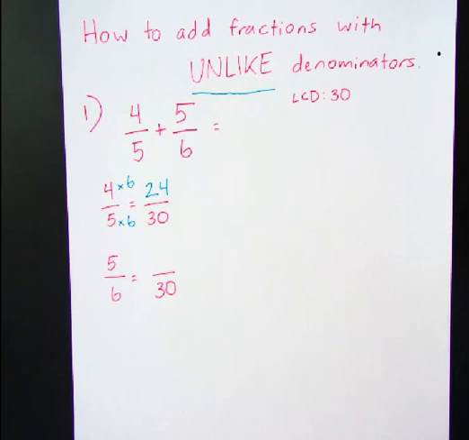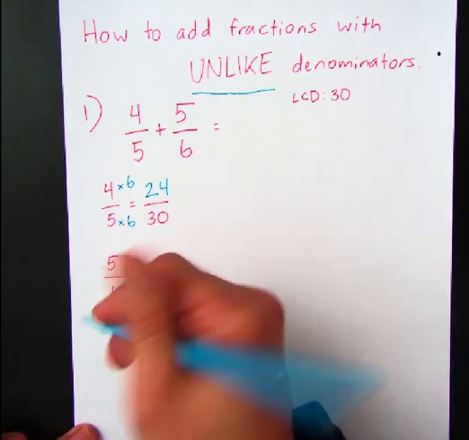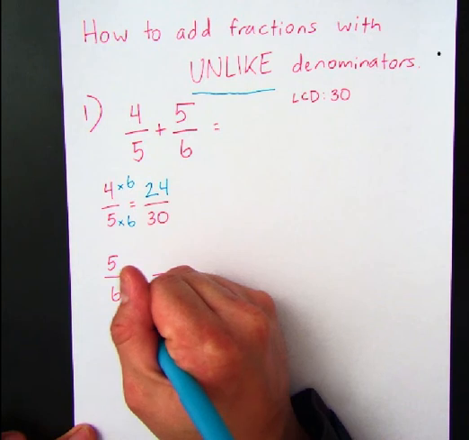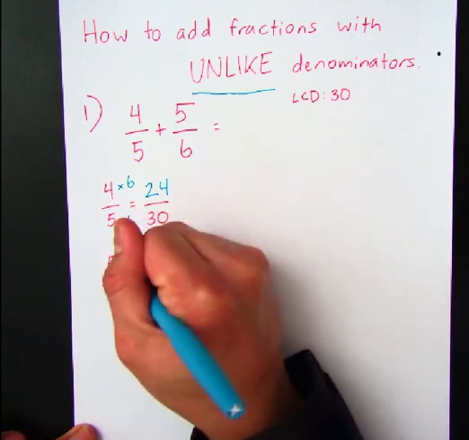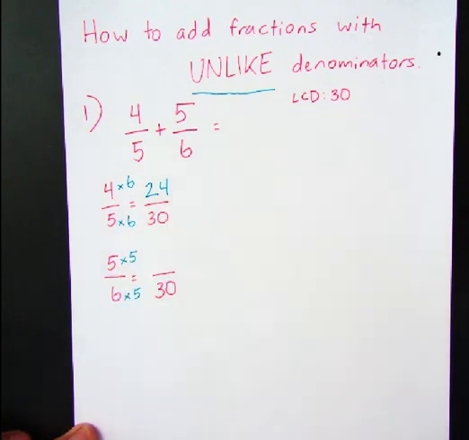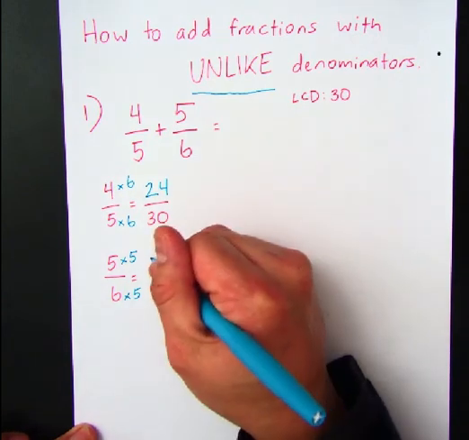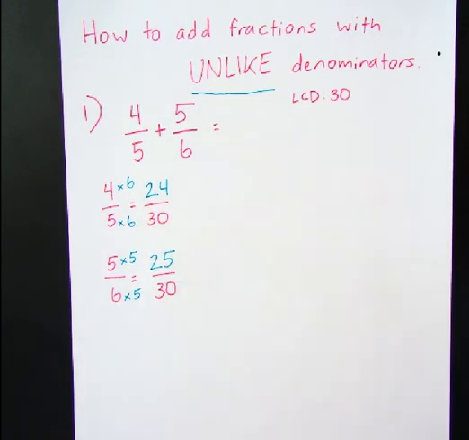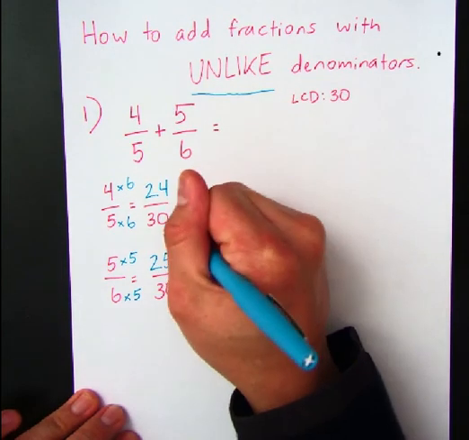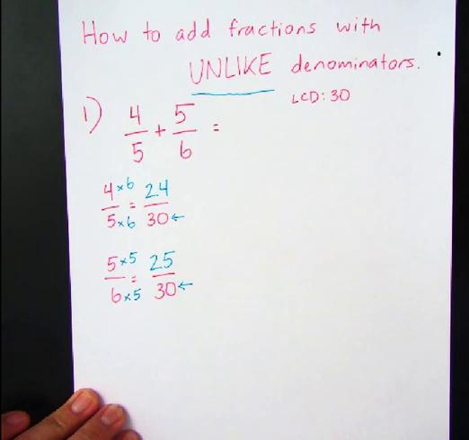Same thing for the bottom fraction, 5 over 6. You will need to multiply both of these by 5 to get 30 on the bottom. 5 times 5 is obviously equal to 25. Now, since both of these fractions have the same denominator of 30, we can go ahead and combine them now.